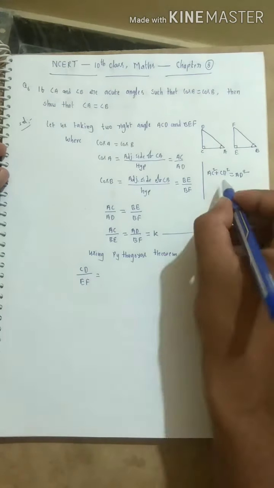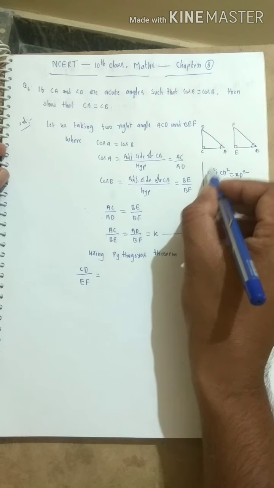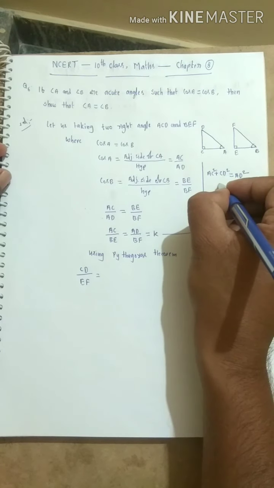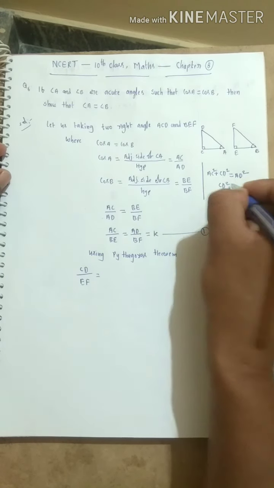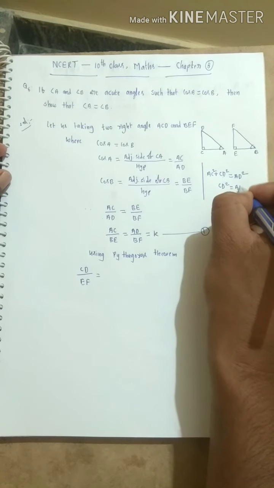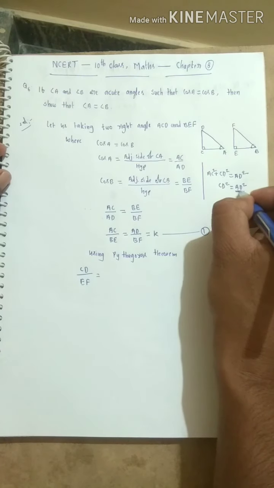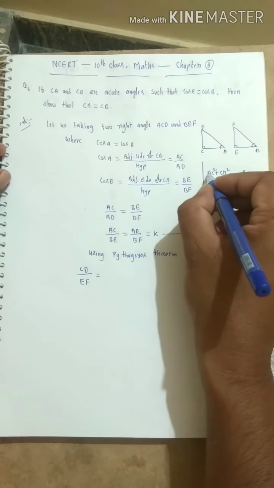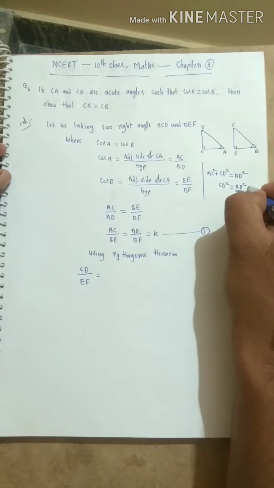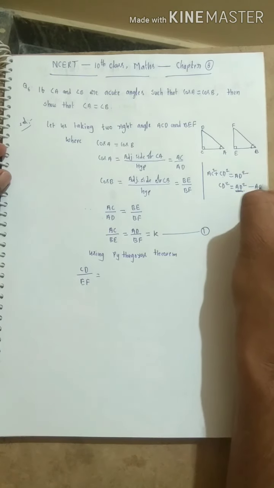We find CD. This term comes to this side as a negative value. CD square is equal to AD square minus AC square.